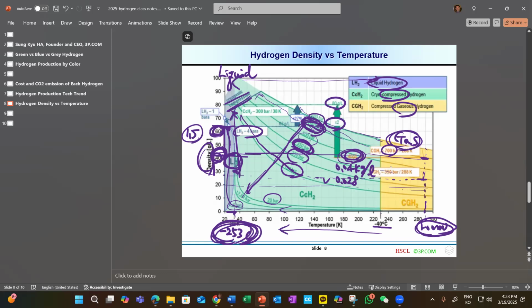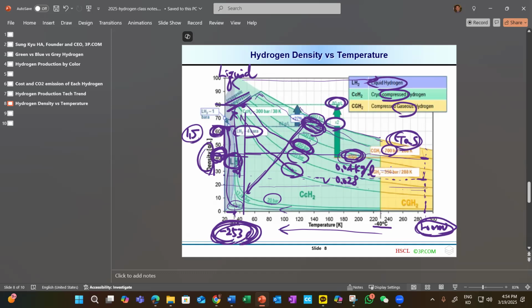So if we have, for example, 300 bar, and here, as you can see, this is not a full liquid, still a little bit of a compressed gas, but pressure-wise it is almost half of the 700 bar. We have a much lower temperature than room temperature, but the density can be doubled.